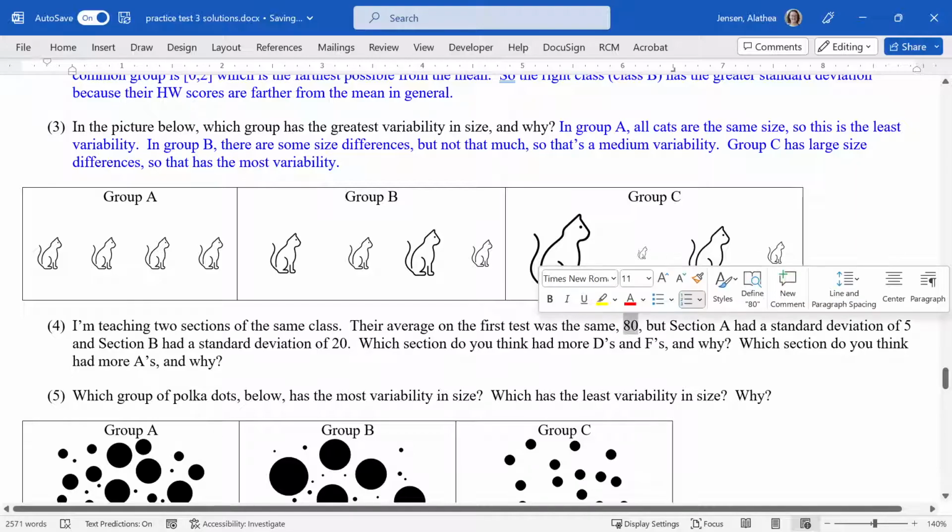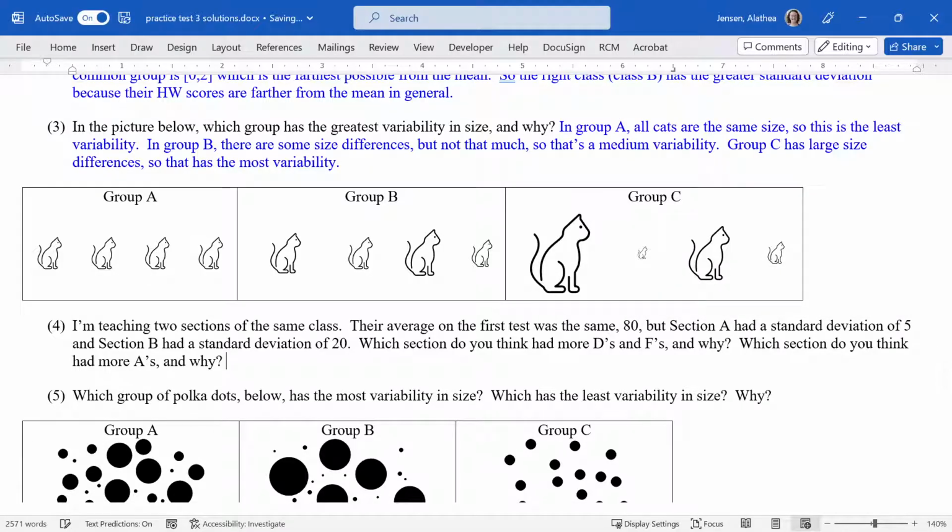So students that got close to the mean would have gotten either a C or a B. If they were in the 70s, they would have a C. If they were in the 80s, they would have a B. So students who scored close to the mean would have a C or B, like 70 to 90, or 89, I guess, would be the highest B.